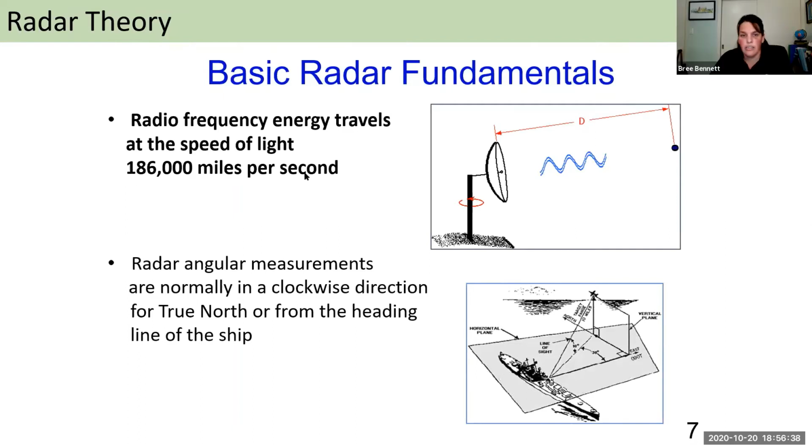Here's that answer, Kevin. Radio frequency travels at the speed of light, 186,000 miles per second. Captain, so air density and atmospherics have no bearing whatsoever on it? I would say no. It can see through that fog.